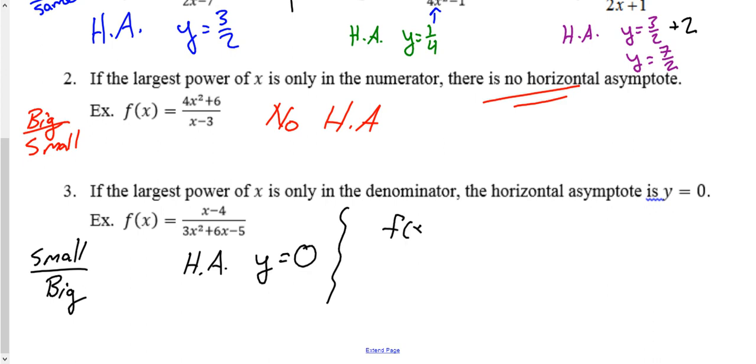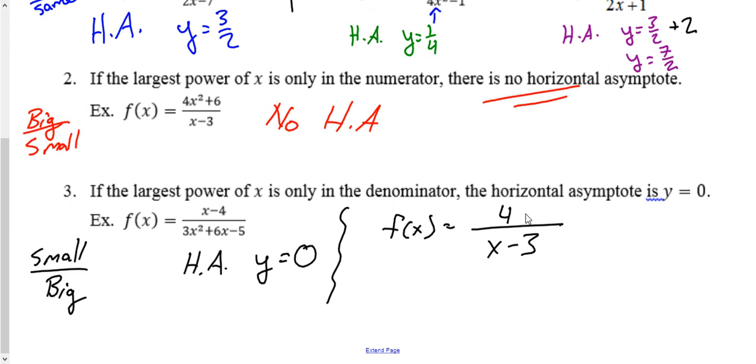Another example of this last scenario that you may run into is the following. I'm just going to jot it down for you. f of x equals 4 over x minus 3. This example falls under the same category of small over big.